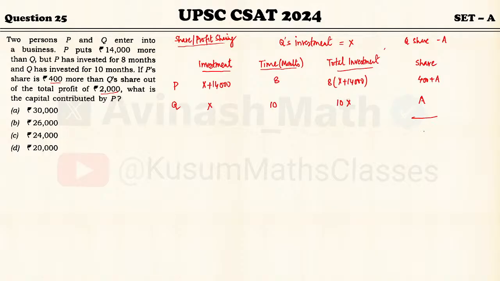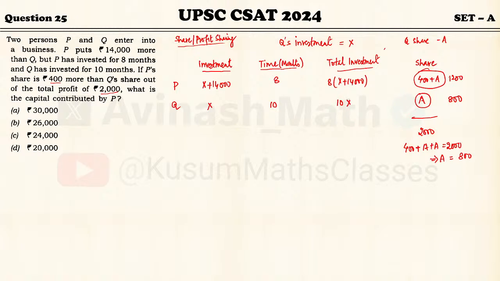And total share is 2000. That is 400 plus A plus A is 2000 rupees. This implies A is nothing but 800 rupees. So this is nothing but 800 and this is nothing but 1200, right?